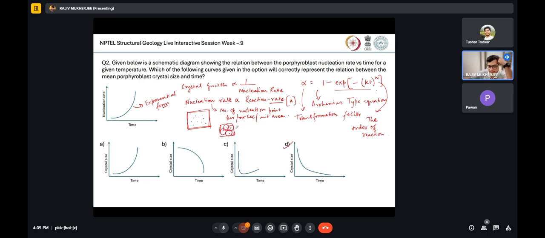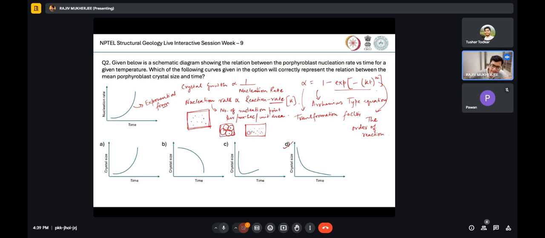But for the same scenario, if you increase the nucleation rate, that means at each and every second the number of points is exponentially increasing. But your overall area is limited. The space you are providing for the crystals to grow after the reaction is limited. In that case, what will happen?